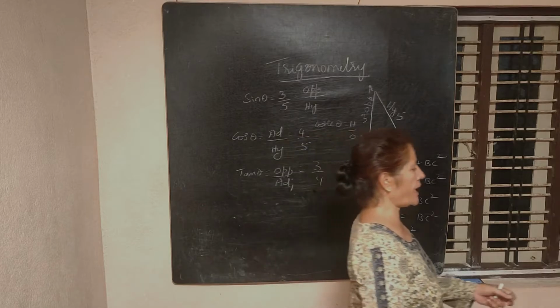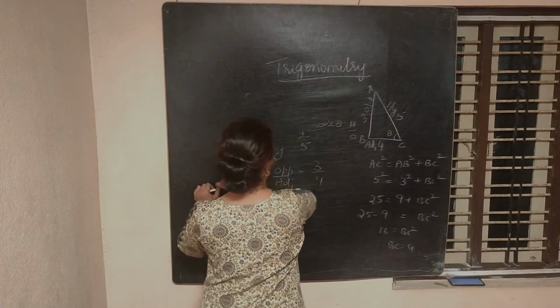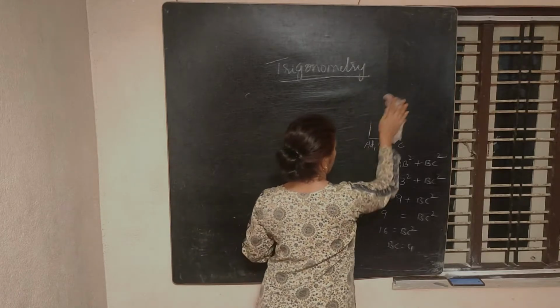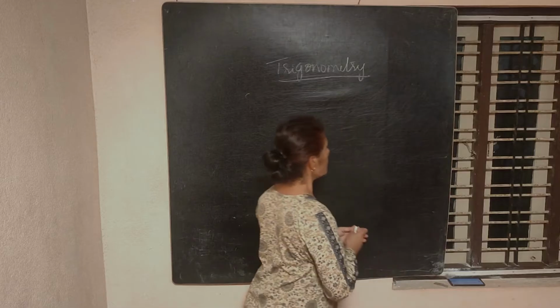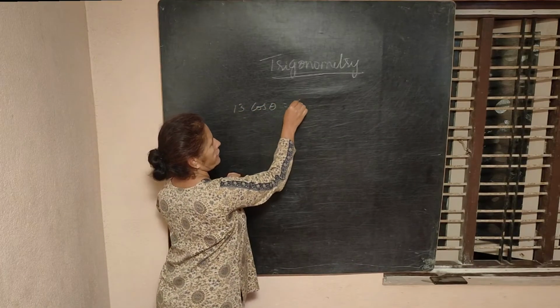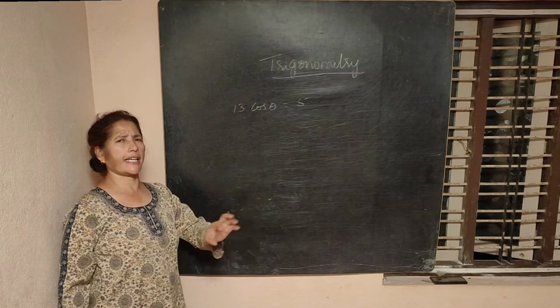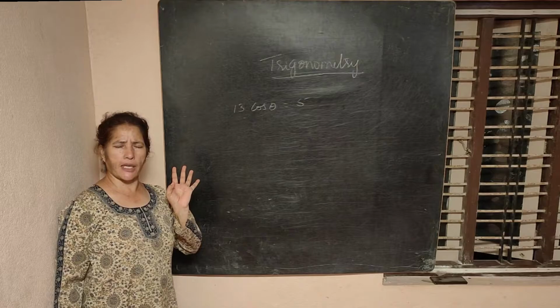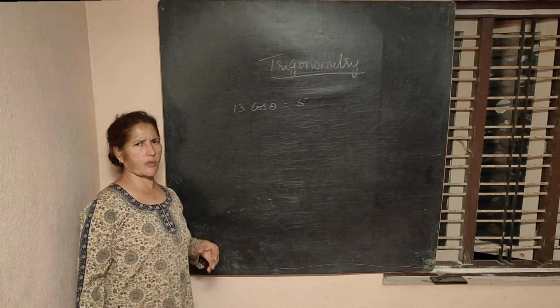No. Now let me give one more problem to you. Suppose they give the problem like this: 13 cos theta is equal to 5. If they give like that, they may ask you anything, either the 6 or the other 5 trigonometric functions, or something like sin square theta plus cos square theta.